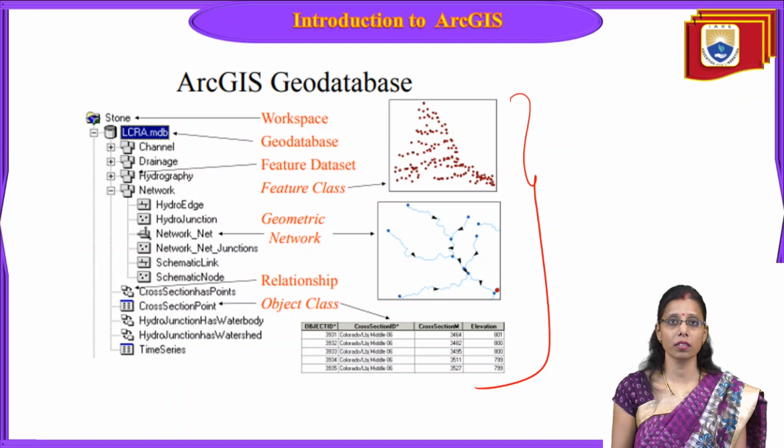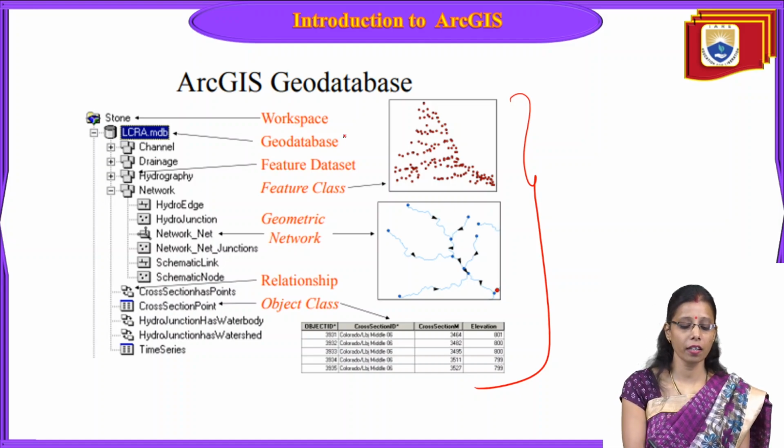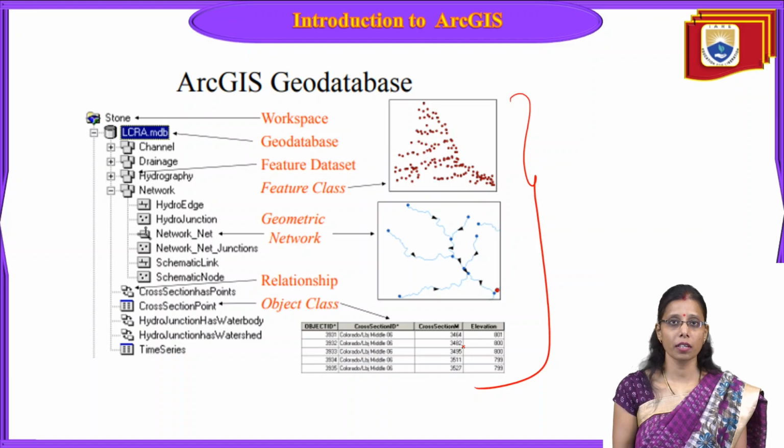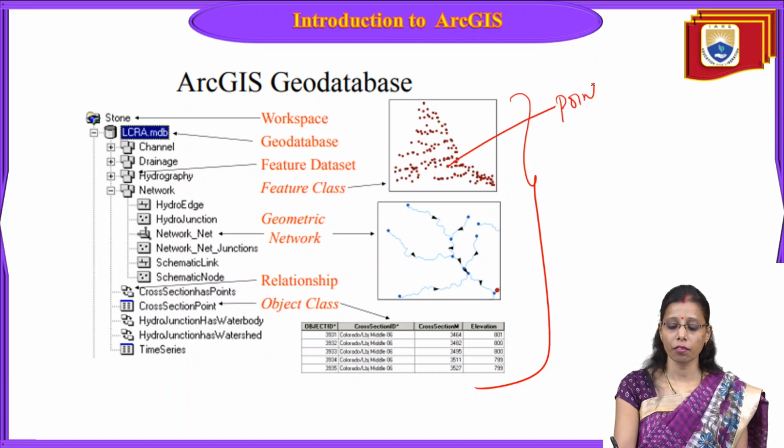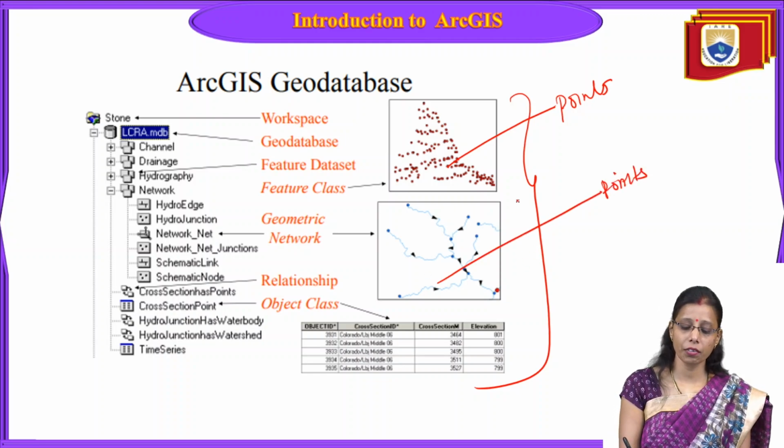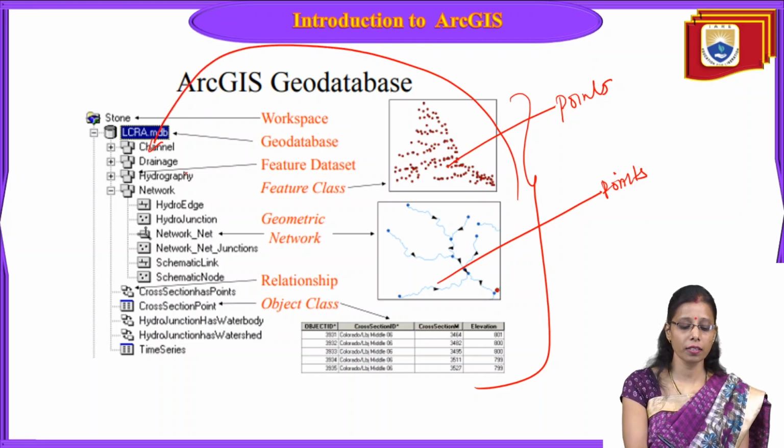ArcCatalog is a window where the folder is created. Suppose I have created these points. If I want to save these points, where will they be saved? They will be saved in the geodatabase, which is in ArcCatalog.